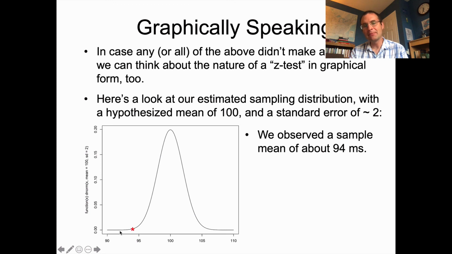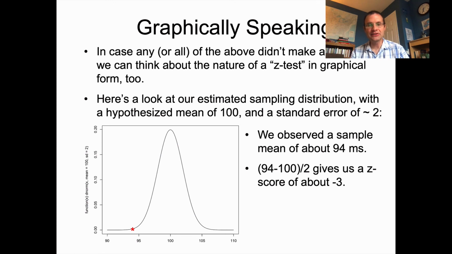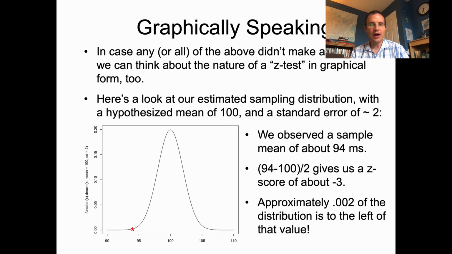The main point is that it's pretty far away, in terms of the shape of this distribution, from the mean, and there's not a whole lot left on the left-hand side that's lower than that sample mean. So that gives us a z-score of about -3. It was -2.88, whatever. And so there's only about 0.2% of the distribution to the left of that value.